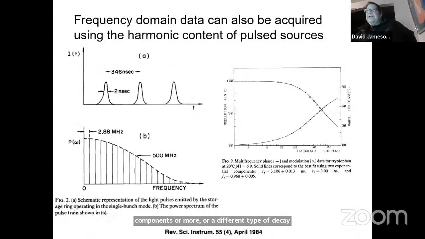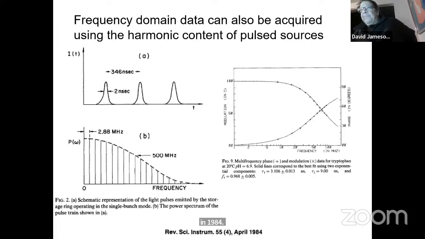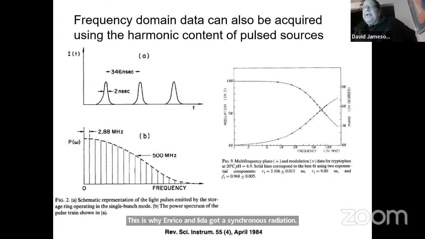Now, I should comment that you don't need to have sinusoidally modulated light. In fact, many years ago, we see a measurement done in 1984. This is what Enrico and I called a synchrotron radiation source, where you have pulses, and of course, you have pulses with the lasers now, and you can use the harmonic content of the pulses.